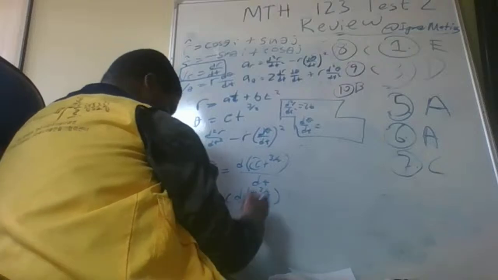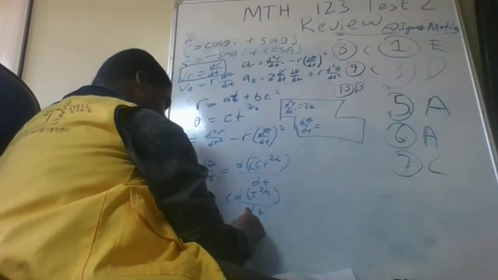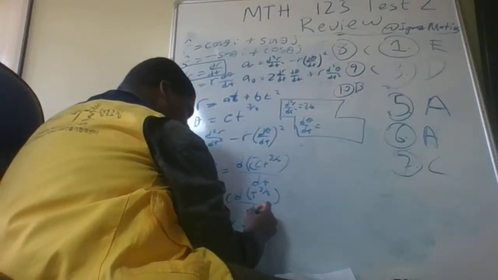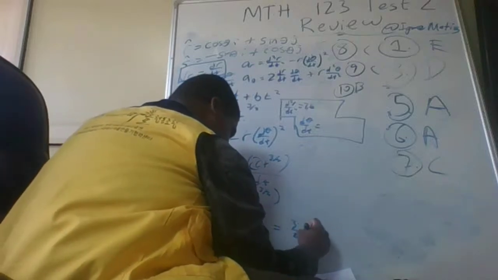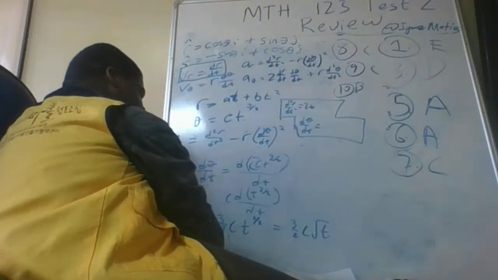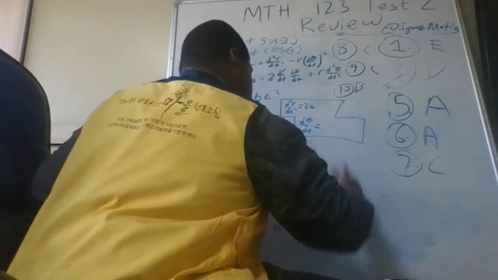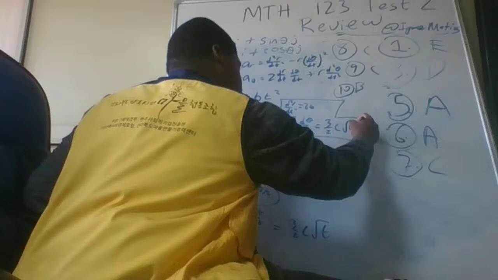If you are differentiating, remember, bring down the power, that will be 3 over 2 c, then subtract 1 from the power, so 3 over 2 minus 1 is 1 over 2. So this is equal to 3 over 2 c root t.